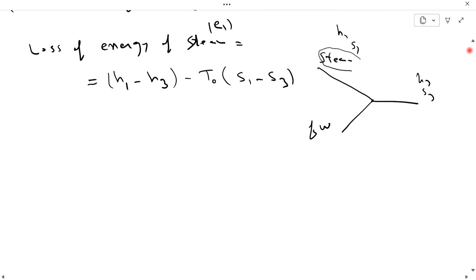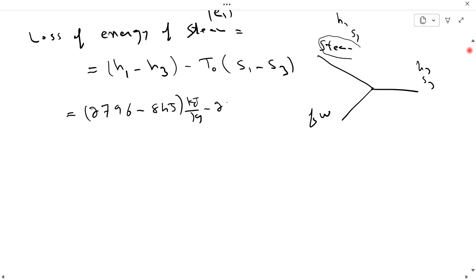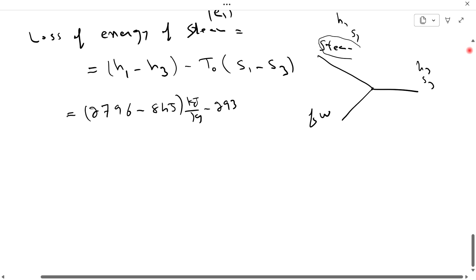Put the values. H1 is 2796 minus 845 kJ/kg, minus atmospheric temperature 293 Kelvin into S1 minus S3.